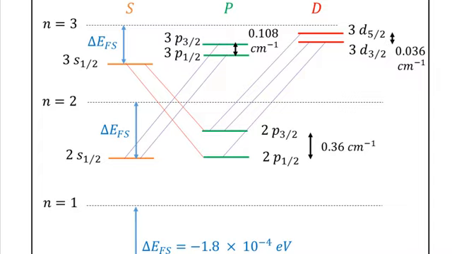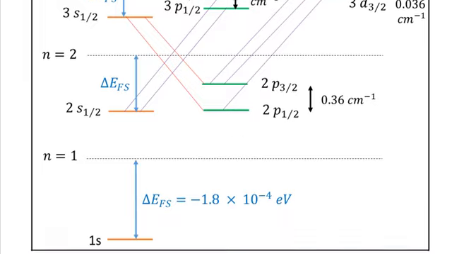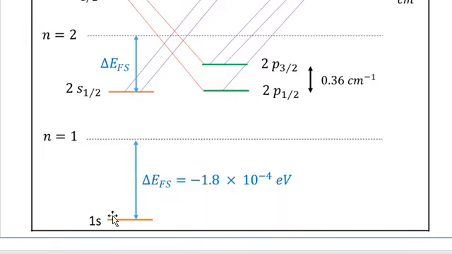Then let's consider a few electrons, that is s electrons. This is the 1s electron of the hydrogen atom, representing the ground state of the hydrogen atom in the presence of the fine structure energy. Then you know that this energy level will be shifted below the reference energy level of the hydrogen atom, corresponding to the principal energy term.